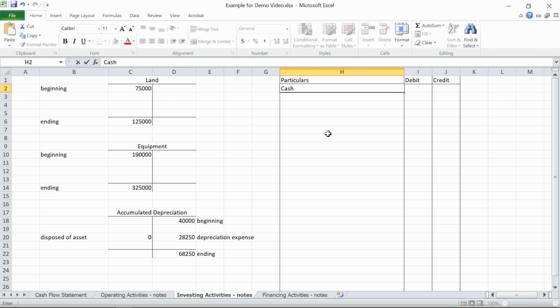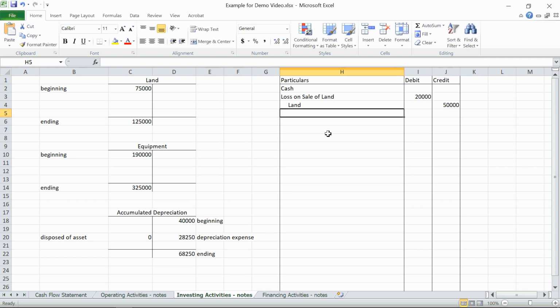So we know that cash was generated. We know there was a loss and we were given the amount of the loss. And we know that we would have credited land and we know the initial cost of that land was $50,000. So that would be our journal entry for selling land at a loss.